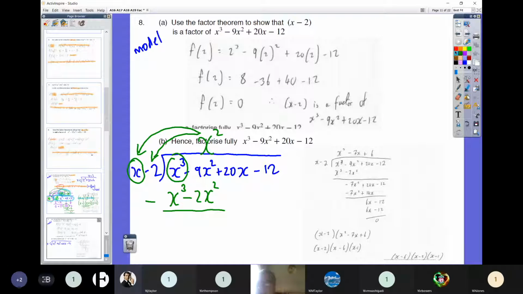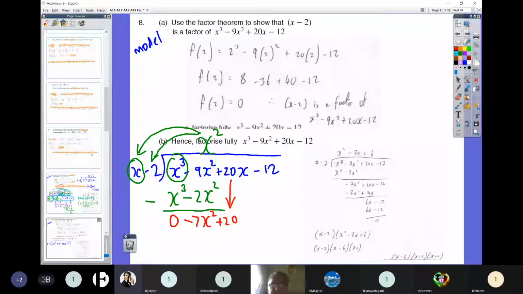I will change colour here. x cubed take away x cubed is nothing. Has to be, otherwise you've chosen the wrong number at the top. Now be careful here. Minus 9x squared minus 2x squared is minus 9x squared plus 2x squared, which is minus 7x squared.